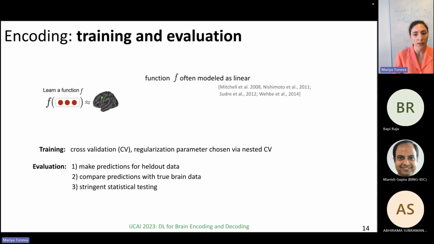And usually this is done via a permutation test, which I'll talk about a little bit in a second. And there's a correction for multiple comparisons because we do these different tests for multiple points in the brain that are correlated with each other.